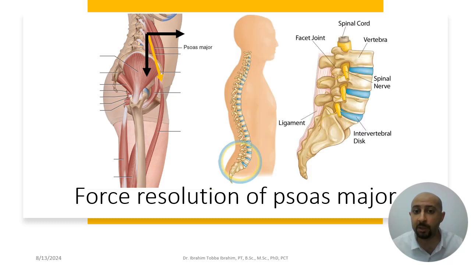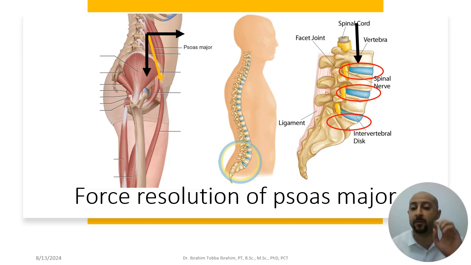The vertical component produces compressive force on the spine. The structures that absorb these forces, acting as a spring within the spine, are the discs. So in a normal individual, who is not complaining of any pain, the compressive force generated on the spine by the psoas major is absorbed by the discs. This is completely normal up to this point.